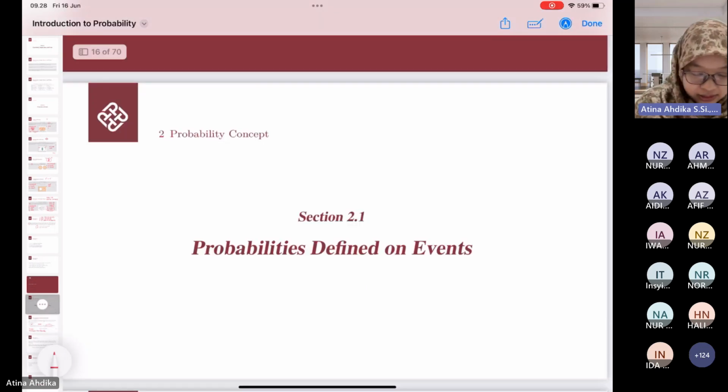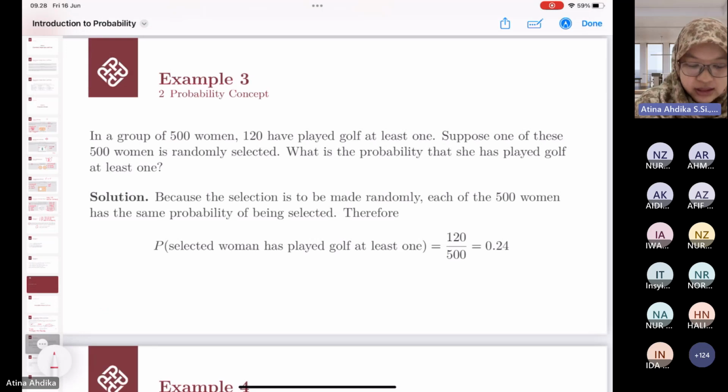Okay, and then this is the example. Suppose that in a group of 500 women, 120 have played golf at least once. And then suppose that one of these 500 women is randomly selected. So I select one of these 500 women randomly.